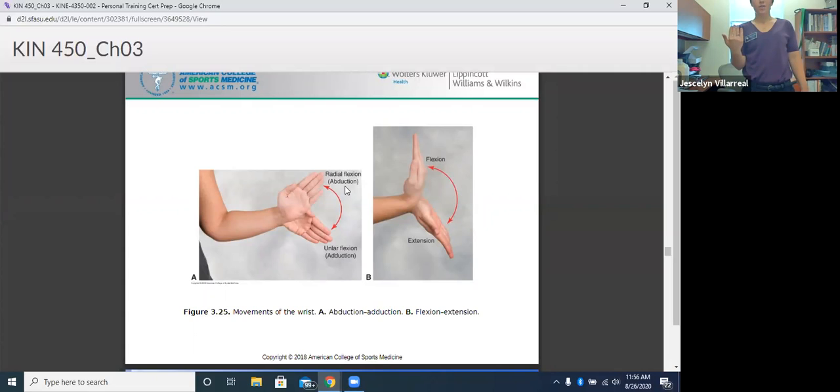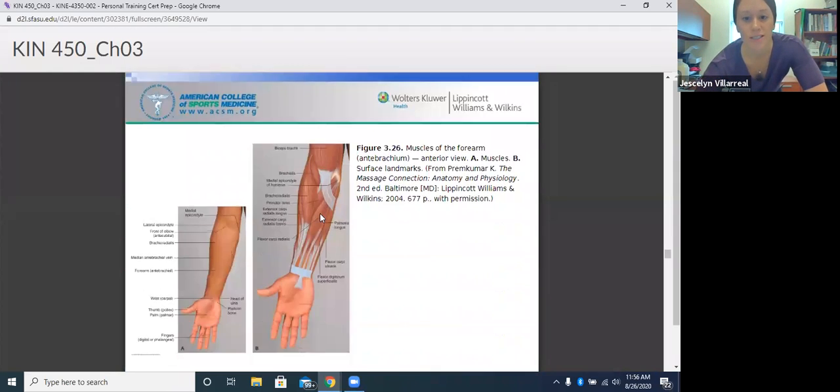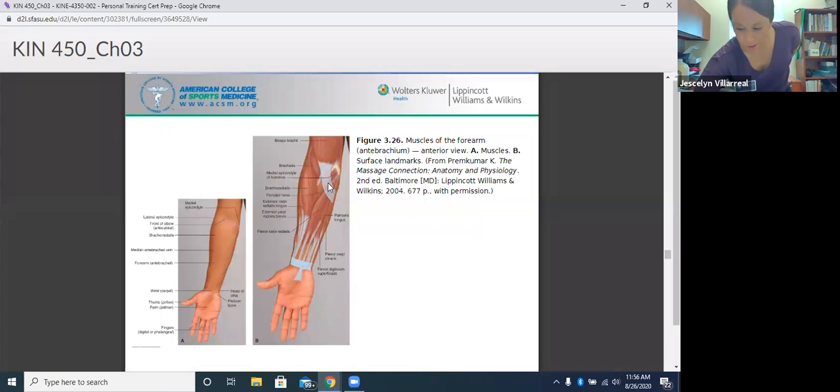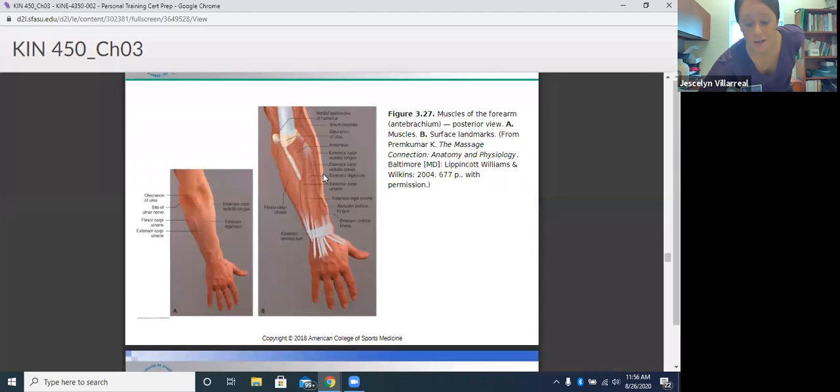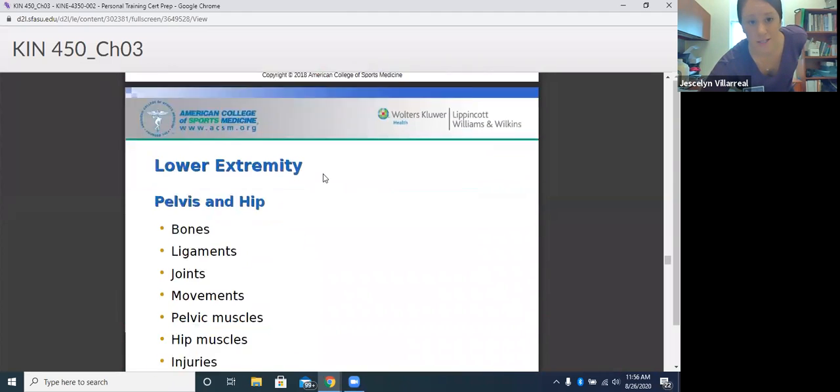Flexion is palm to you, extension is palm away. So flexion, palm to you, extension away. Feels kind of good to move the wrist a bit. All right, muscles of the forearm are here for you to study from the anterior and posterior view.